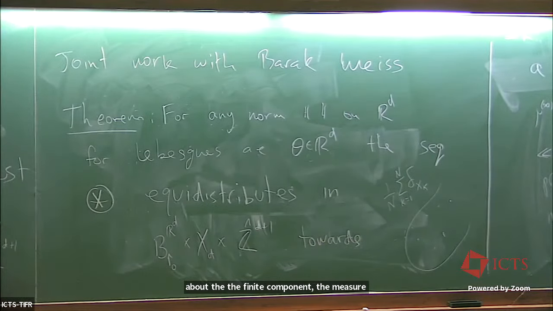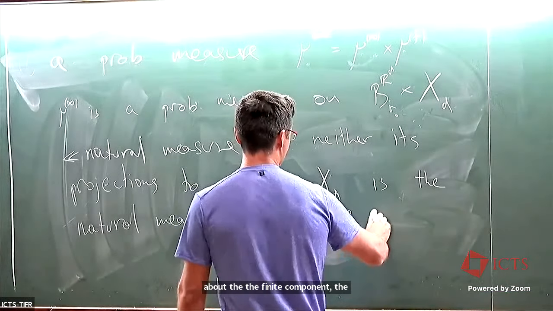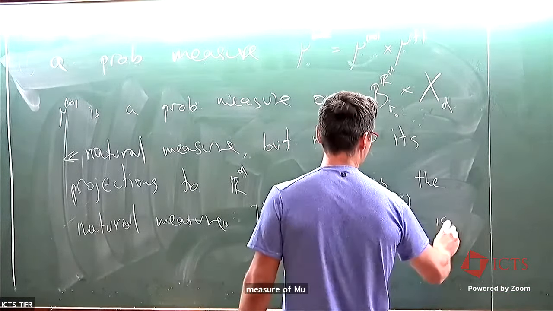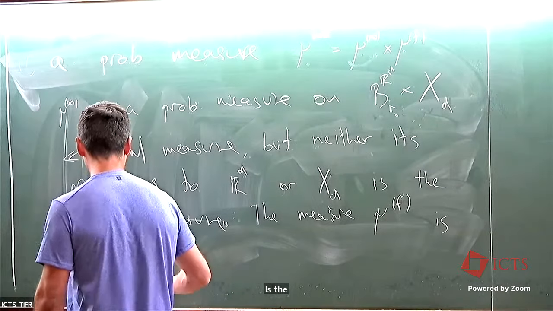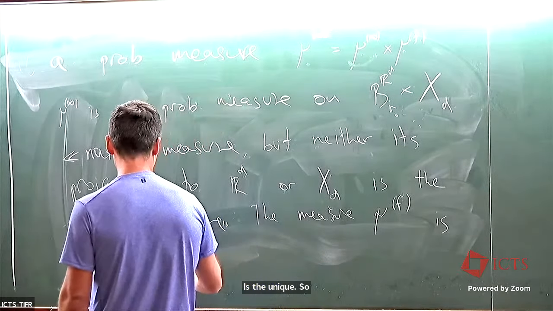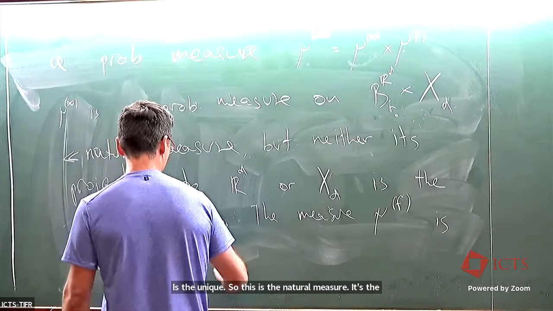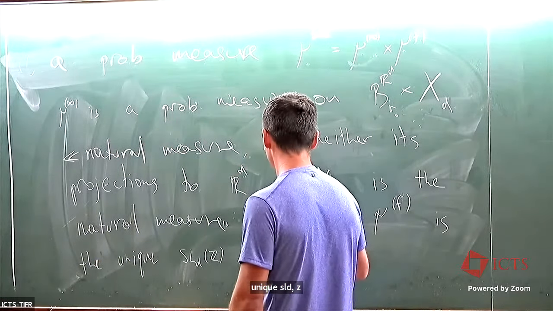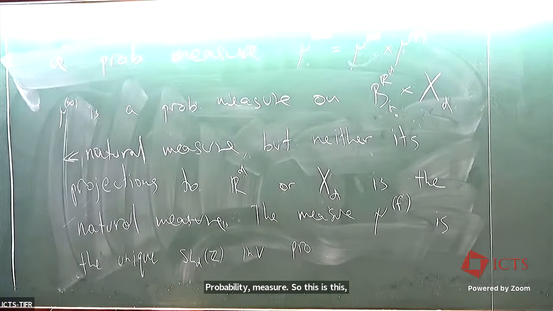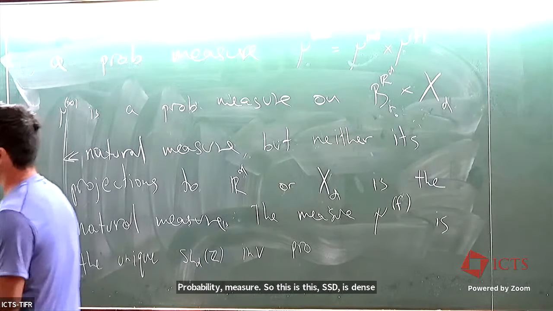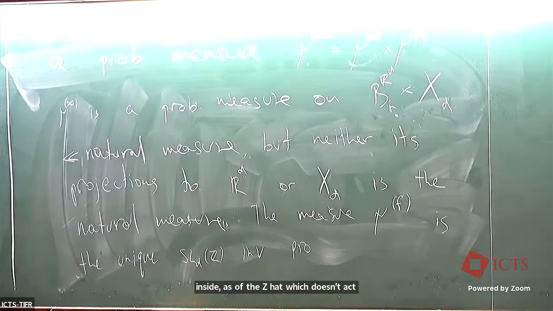The measure mu_f is the unique, so this is the natural measure, it's the unique SL_d(Z-hat) invariant probability measure. This SL_d(Z) is dense inside SL_d(Z-hat), which doesn't act transitively on this space, but there is an orbit here which is called the primitive vectors, the norm 1 vectors in Z-hat^{d+1}.